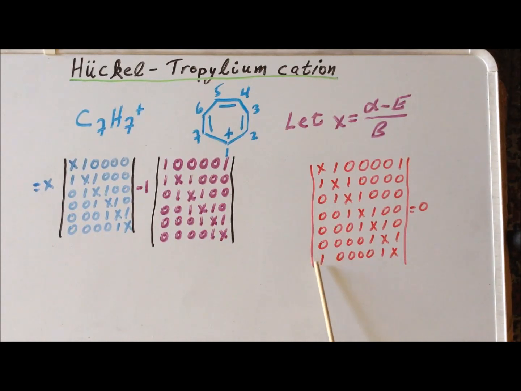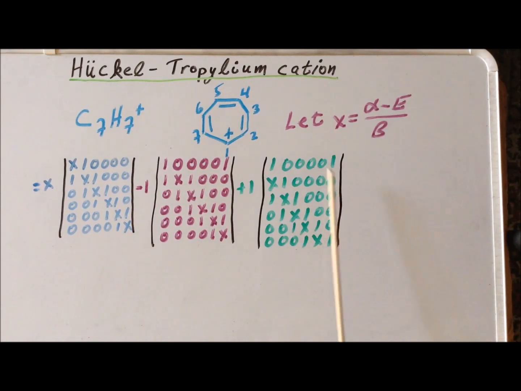So the coefficient here will be a +1 times the determinant that we get by removing the first column and the last row. And now we have this third determinant in green, 6x6. So we reduce the problem of a 7x7 determinant into this linear combination of 6x6 determinants.